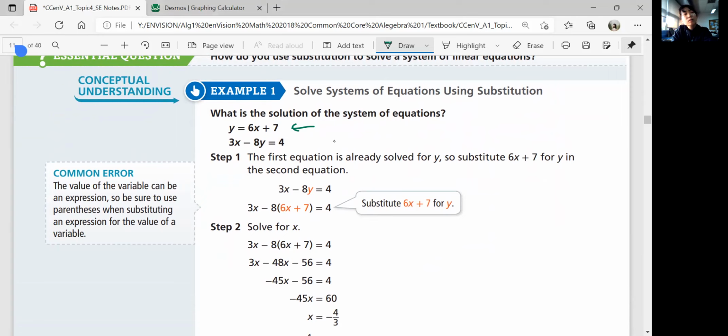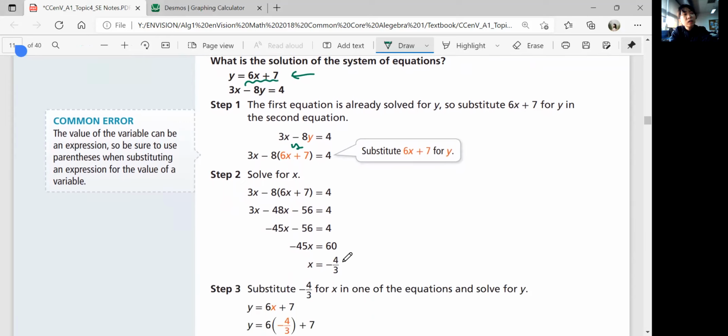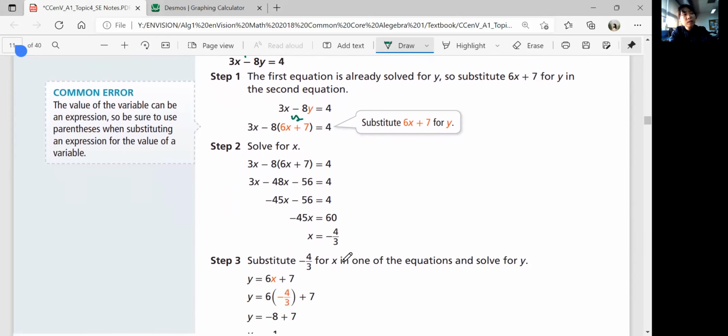So instead of using y in the second equation, you're going to rewrite y using 6x plus 7, because y is equal to 6x plus 7, right? So that you combine those two equations. And then you're going to solve for x, using the distributive property, and then the addition property, substitution property, right?